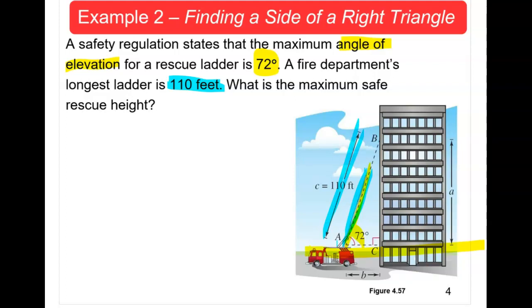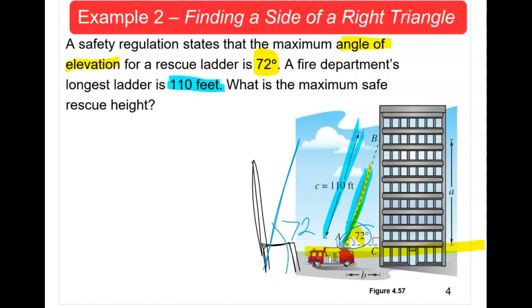However, if you were to imagine the truck gets closer to the building, then the ladder could be fully extended and maybe form a 90-degree angle right there. But that is not within the regulation. The regulation states that the maximum angle could be 72 degrees, and that is what we have here.